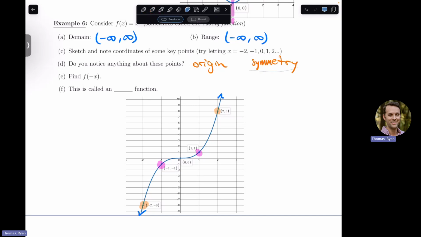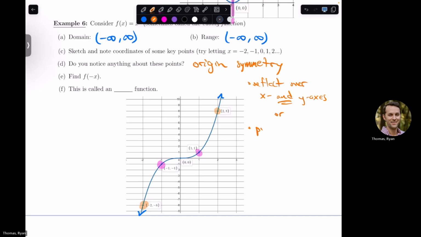So basically that's either reflect over the x and y-axes, or put a pin at the origin, so it's 0, 0, and rotate the thing 180 degrees.